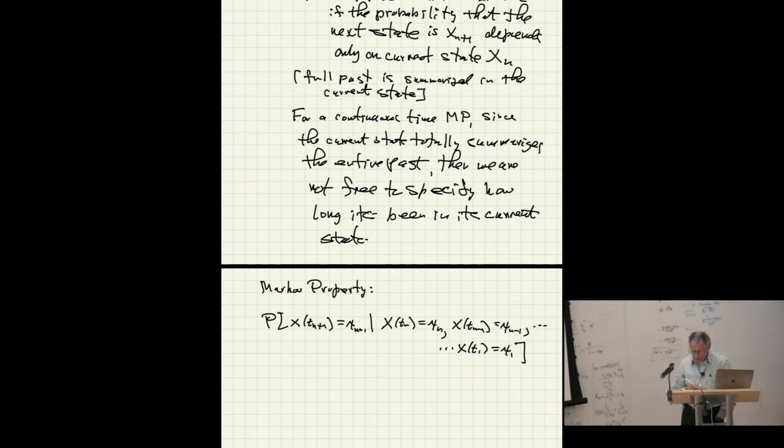The Markov property says that that probability is, no surprise, equal to the probability that X of T_n+1 is equal to x_n+1, given only the most recent information, that X at time T_n is some number, say x_n. Those two probabilities are the same, which means none of the rest of this mattered. Only the most recent one.